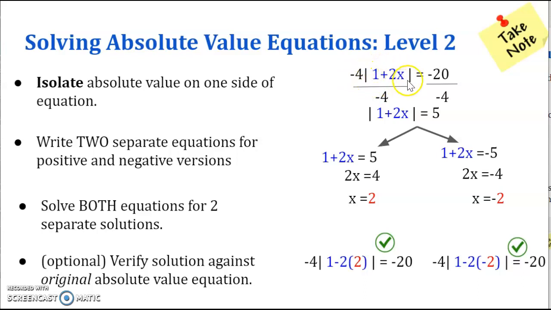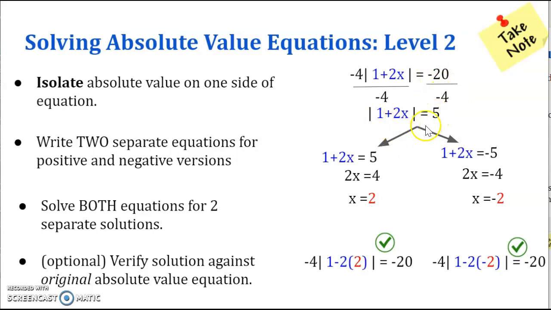So in order to have just this 1 plus 2x, what I need to get rid of is this negative 4. What is negative 4 doing to the absolute value? It is being multiplied. So how do I undo it? I divide both sides by negative 4, and then you are left with the absolute value of 1 plus 2x is equal to negative 20 divided by negative 4, which is 5.